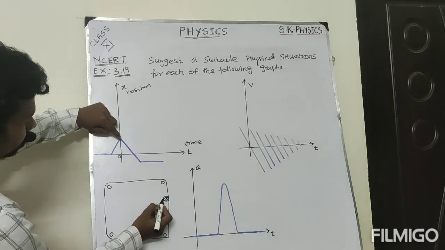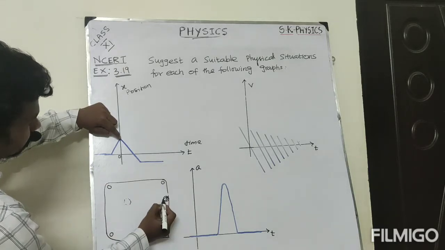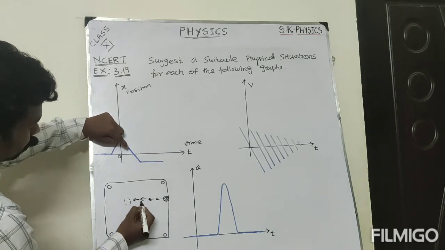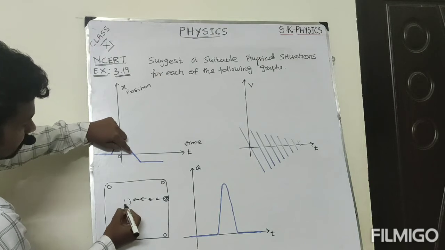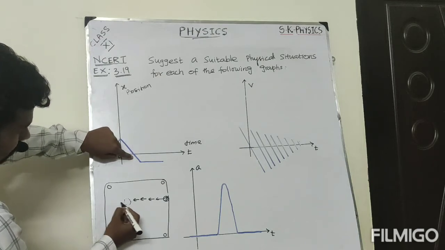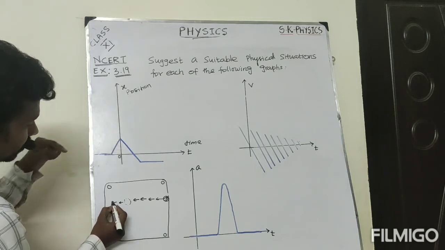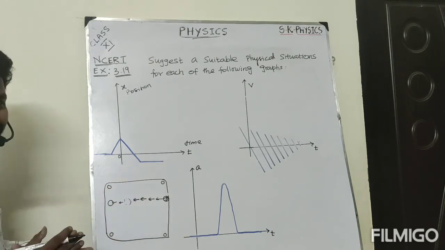After that, this is the initial position. It comes back, the position is reducing, then here it reaches the initial position. After that, it crosses in the backward direction. Maybe after that it takes rest.